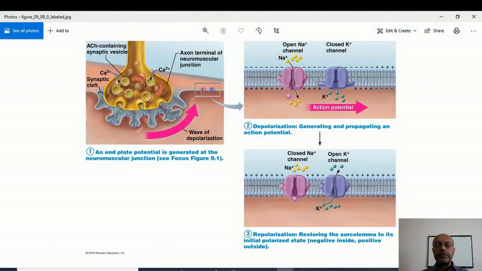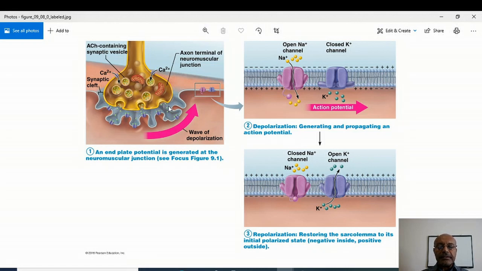Okay, here is a picture of a neuromuscular junction. Do you see the neuromuscular junction here? This is a nerve, and this is the sarcolemma or plasma membrane of a cell. Does this remind you of plasma membrane? Yes, it should. Do you see the phospholipid bilayer?